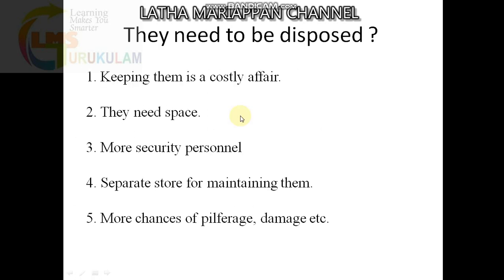They need to be disposed, that obsolete and surplus material. We'll see. Keeping them is a costly affair, isn't it? So they need space because we have stock in hand, so many materials are available in your hand, so you have to keep it.